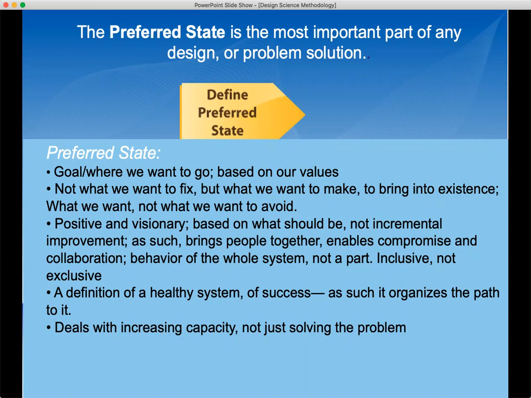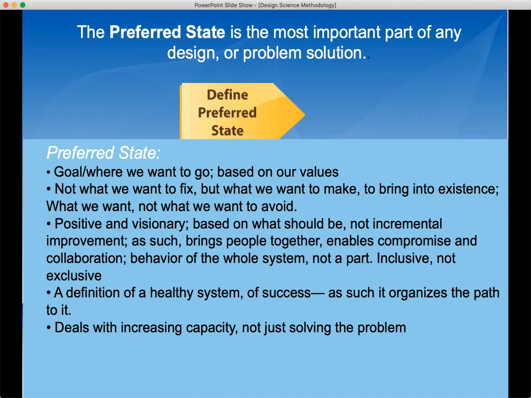What is our vision for the world in terms of this problem situation, whether it's food, hunger, education, climate change? What do we want to see? It needs to be positive and visionary. It's based on what should be, not incremental improvement, not the Band-Aid.